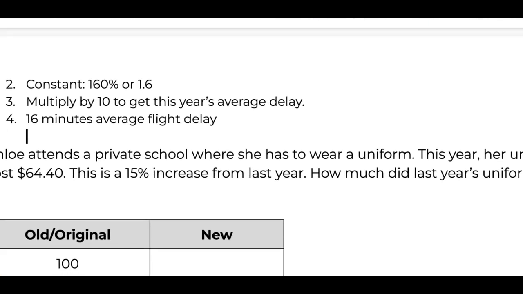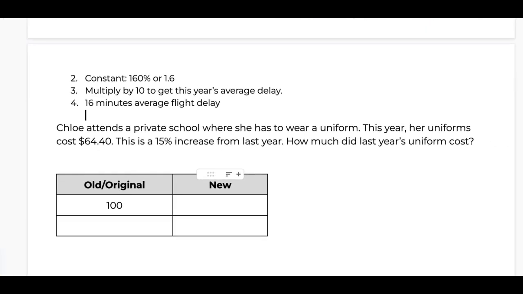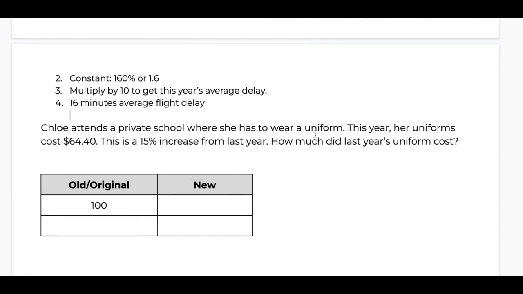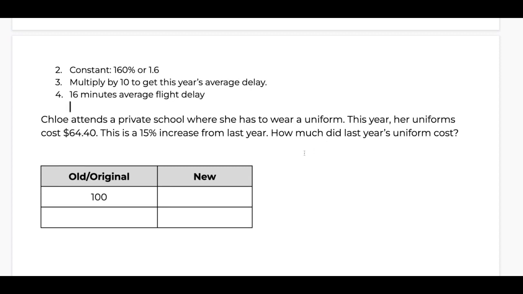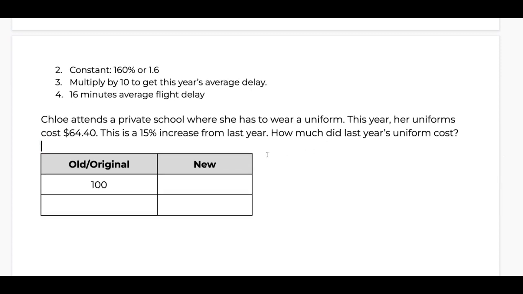All right, last one. It says Chloe attends a private school where she has to wear a uniform. This year, her uniforms cost $64.40. This is a 15% increase from last year. How much did last year's cost? Alright, so this is kind of tricky to place our numbers here.